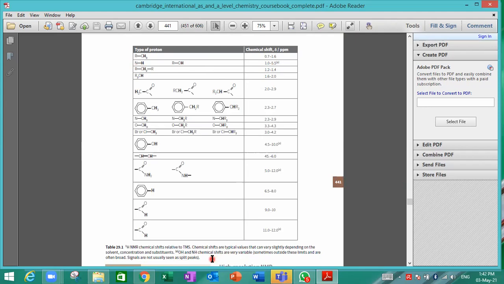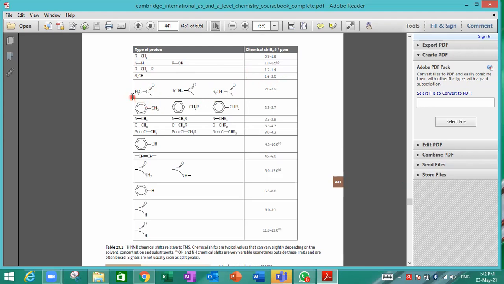But of course, for you, they are going to place it in a certain value that is here between 1 and 5.5. If we have hydrogens bonded to a carbon that is bonded to two other carbons from both sides, then these hydrogens would appear in the chemical shift between 1.2 to 1.4. If we have a hydrogen that is bonded to a carbon that is bonded to three other carbon atoms, it will appear in this range, and so on.